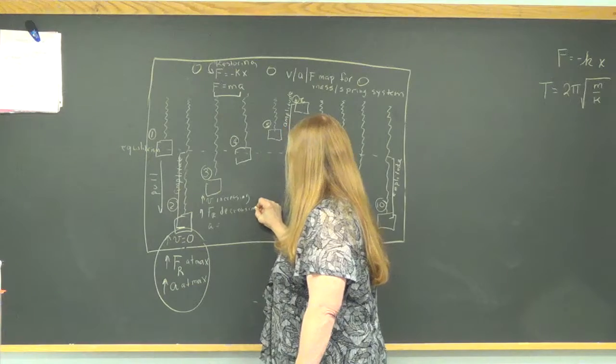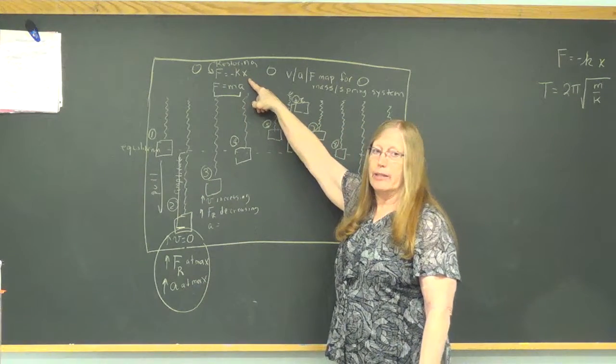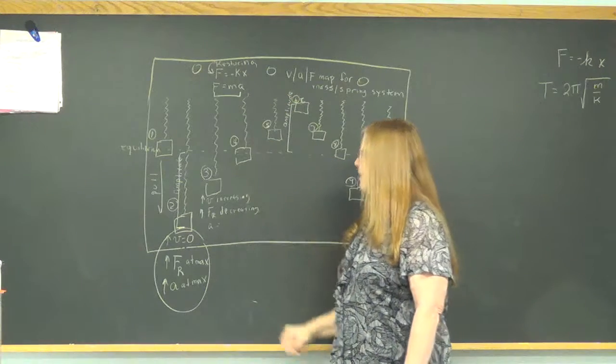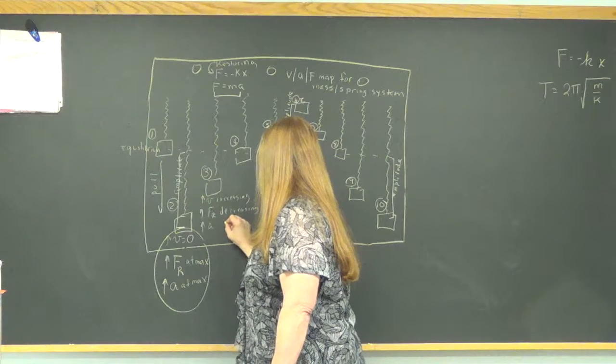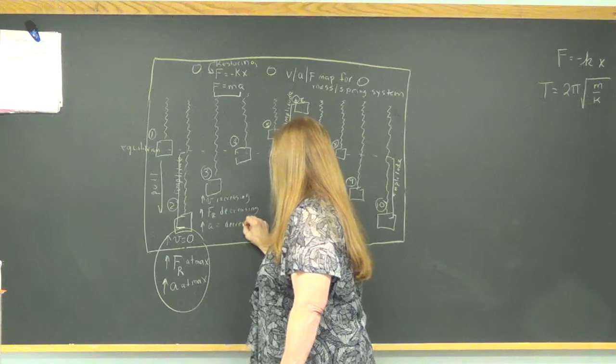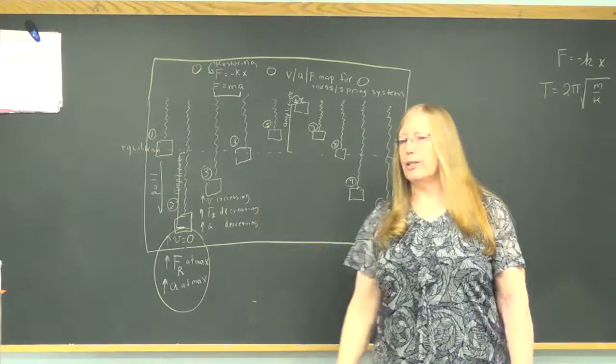The restoring force is less at 3 than it is at 2 because x has gone down. The distance to equilibrium is less. And A will mimic force restoring. So it's going to do the same thing. So A is decreasing in the upward direction.